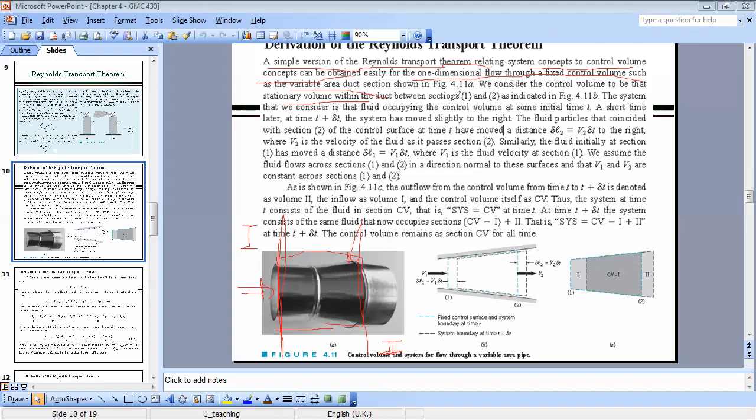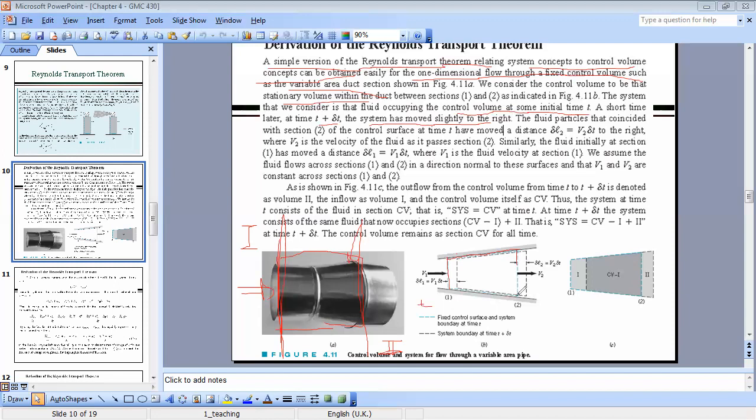So now the system that we will consider is the fluid occupying the control volume at some initial time t. And after a certain time t plus delta t, the system will move a small distance. We mean by this that at a certain time t, we are looking at the system of particles that are in this position here.